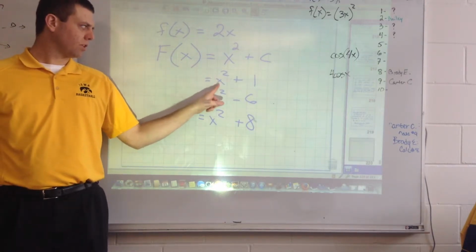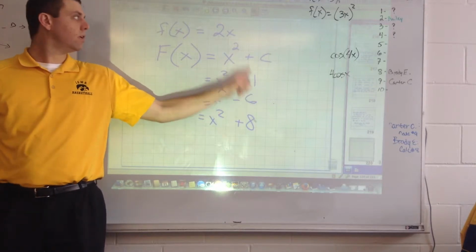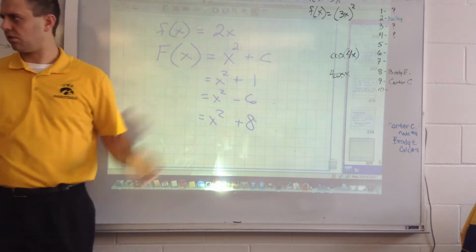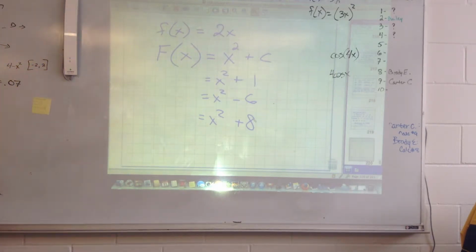what do you get if you take the derivative of x squared plus 1? 2x. What do you get if you take the derivative of x squared minus 6? 2x, no matter what.